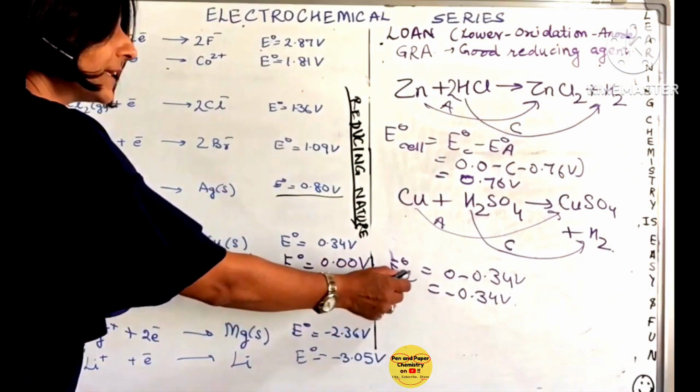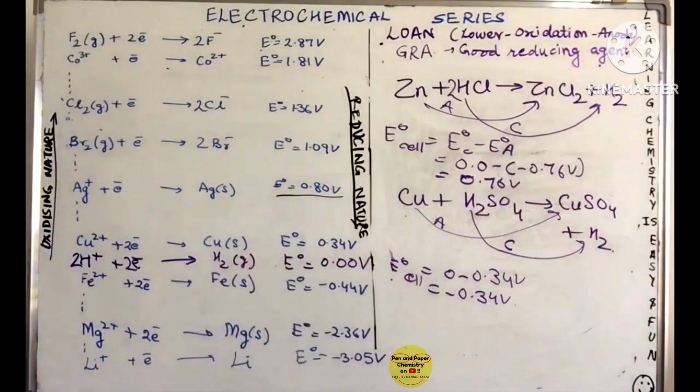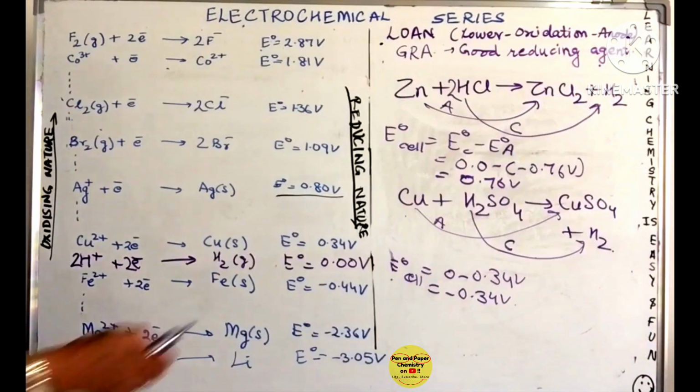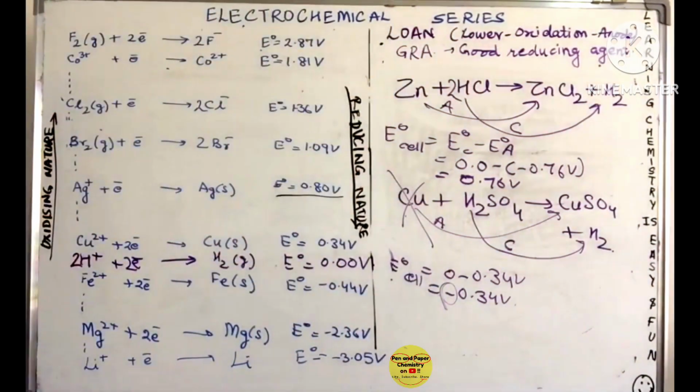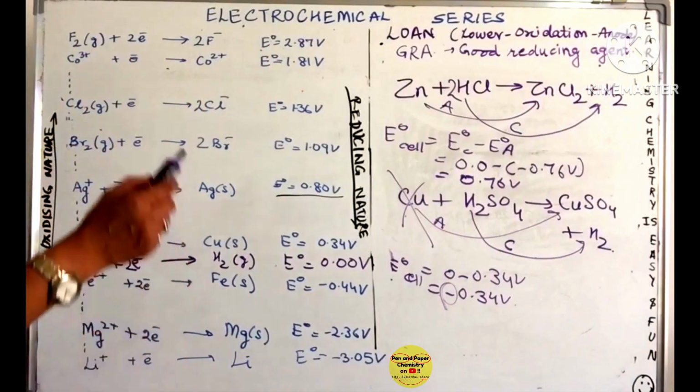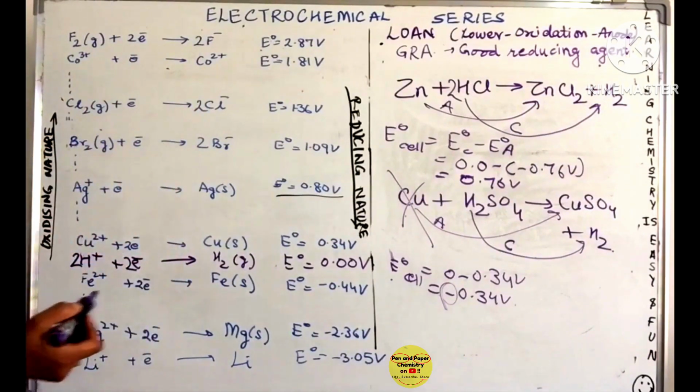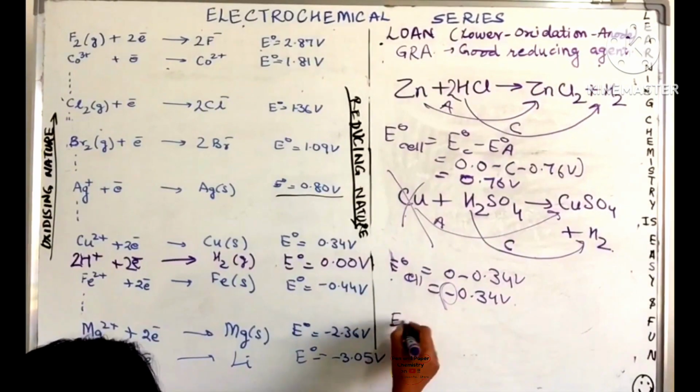E naught of the cell is negative, that means it does not have enough energy to do this kind of work. If I want to do it, I'll have to put in some extra energy, so it does not become feasible. So that's a negative value. Does this reaction take place? No. So can copper displace hydrogen from its compounds? No.